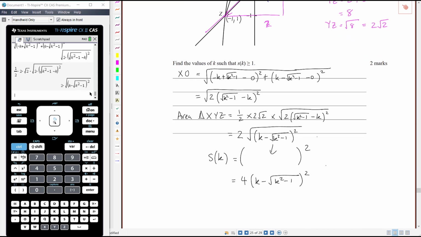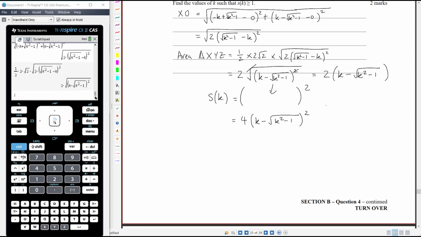Now actually, if we think about it, this expression here, I don't know why the CAS didn't simplify it. If we've got the square root of that squared, that is just 2 times k minus the square root of k squared minus 1. And so when we square that, we're just going to get 4 times k minus the square root of k squared minus 1, all squared.